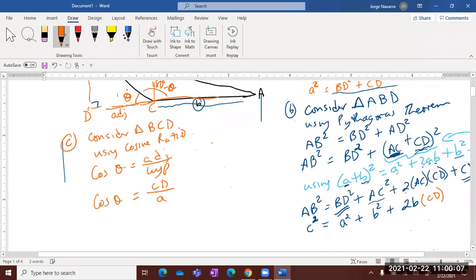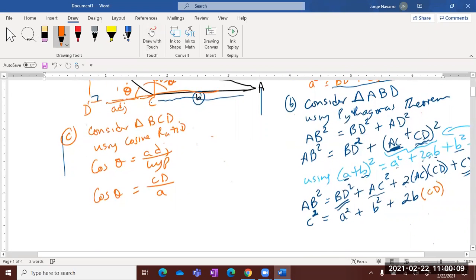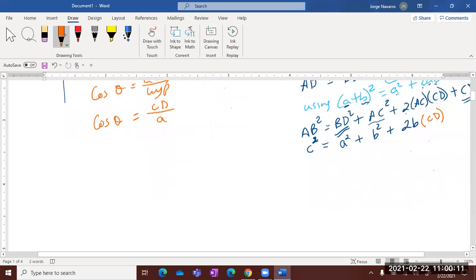Everybody with me? Yes. But CD did not exist, so CD is equal to A cos of theta.